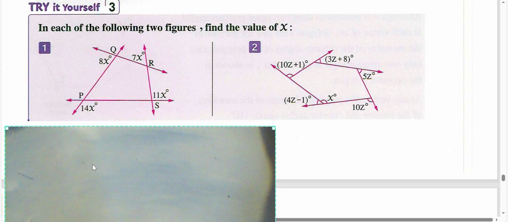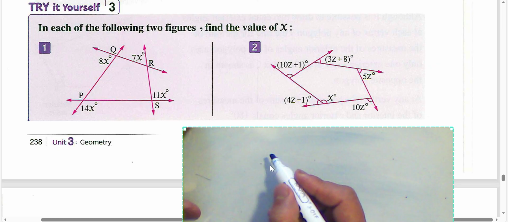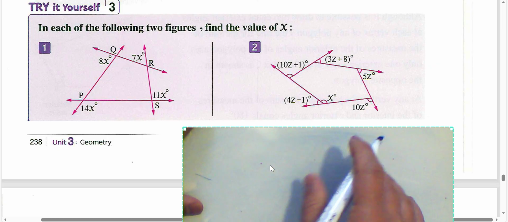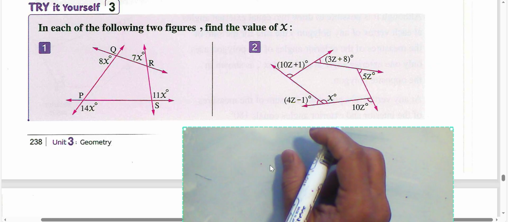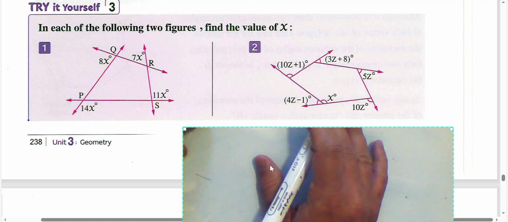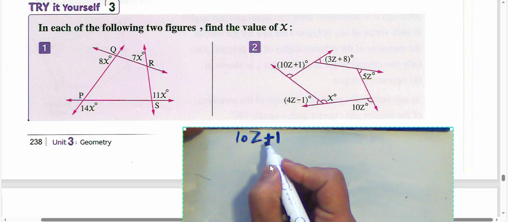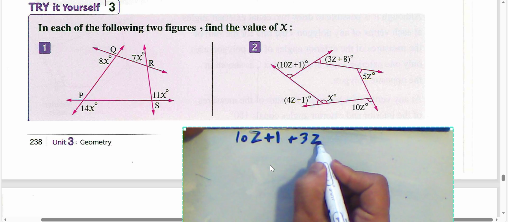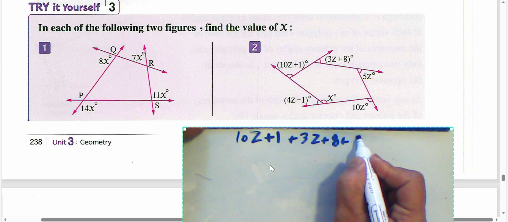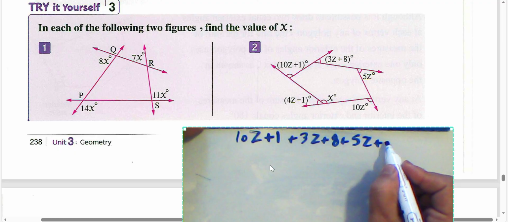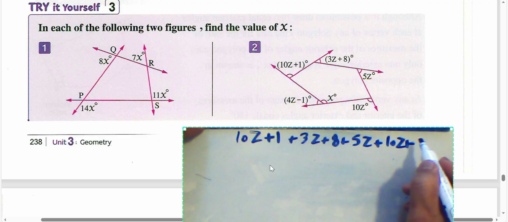It's question number 1. And question number 2: we can find the value of x here by collecting all the exterior angles; the sum of them equals 360. To start, we can write 10z plus 1 plus 3z plus 8 plus 5z plus 10z plus 4z minus 1.